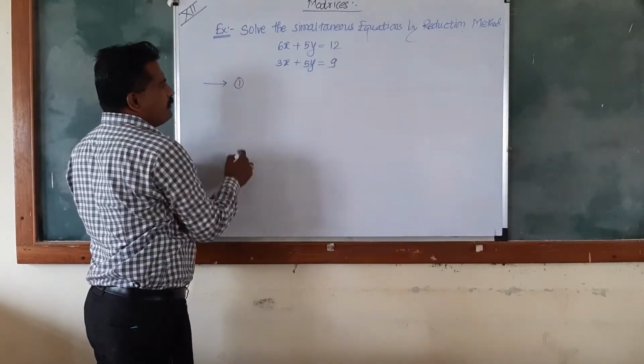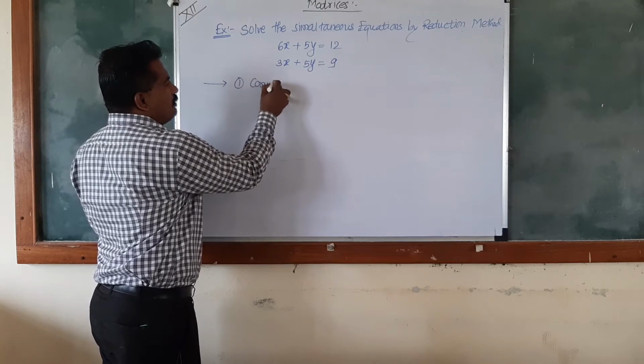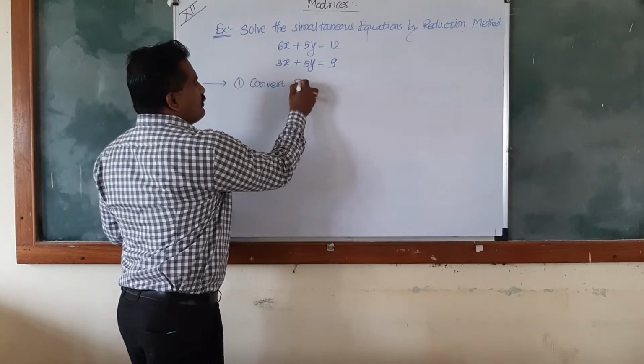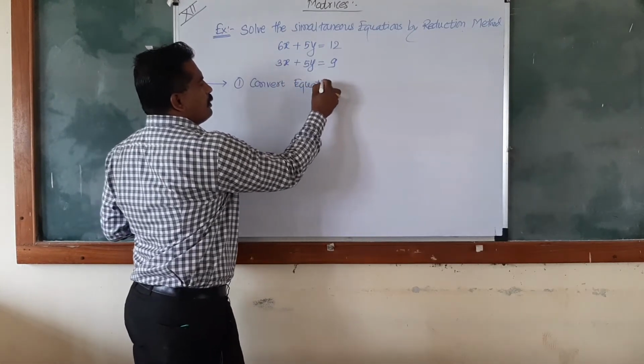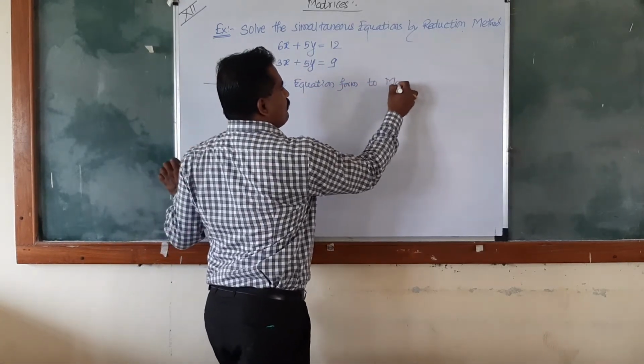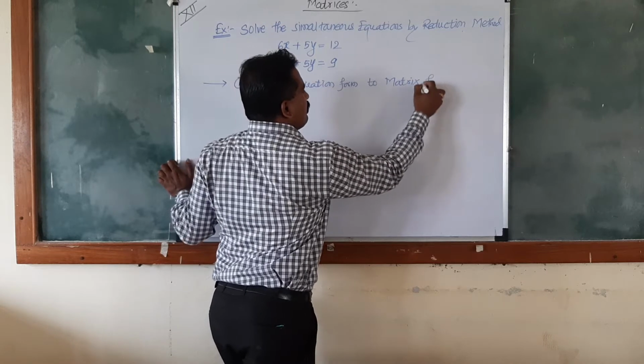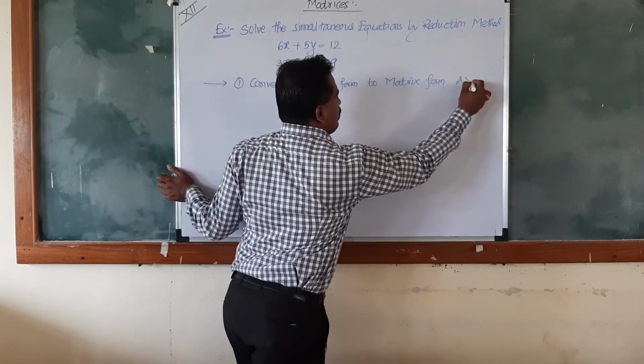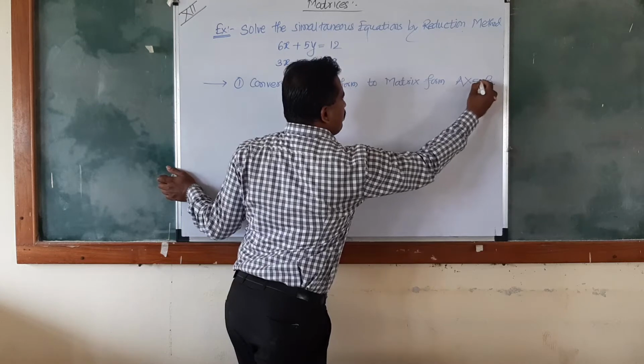First step: convert equation form to matrix form, Ax is equal to b.